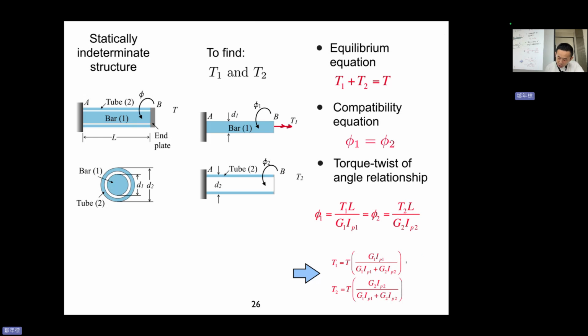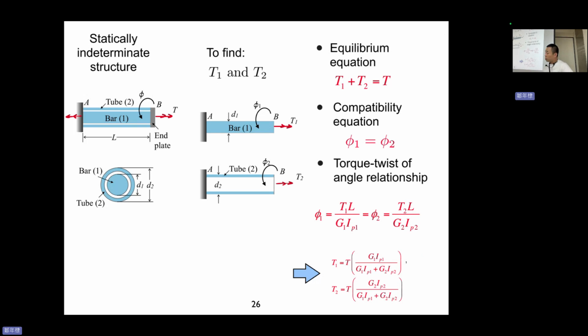We assume it goes to the right-hand side, positive. Imagine T1 and T2, and it should be T. So you have a combined system with torsion T, but we want to know what T1 is for the bar only and what T2 is for the tube only, and then we want to see phi 1 and phi 2.